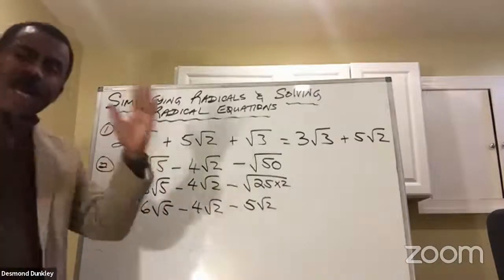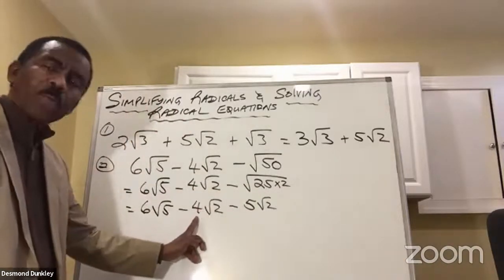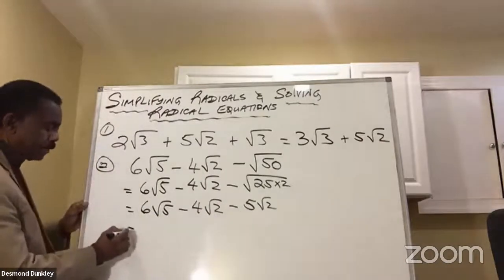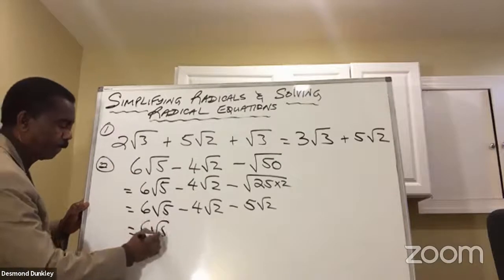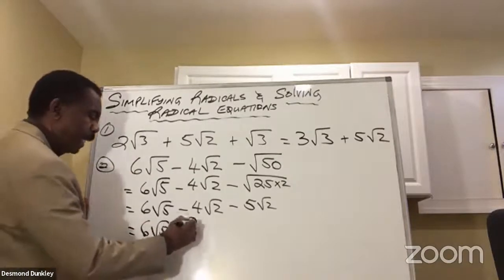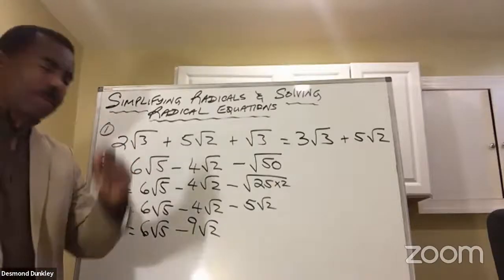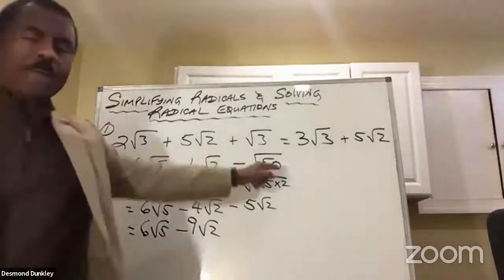So now I have negative 4 root 2, negative 5 root 2. So the final answer becomes 6 root 5 minus 9 root 2. And that would be your final answer for that question.